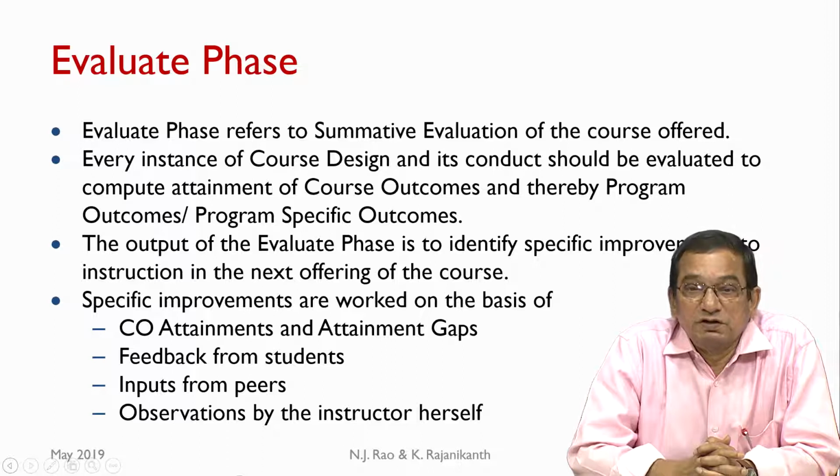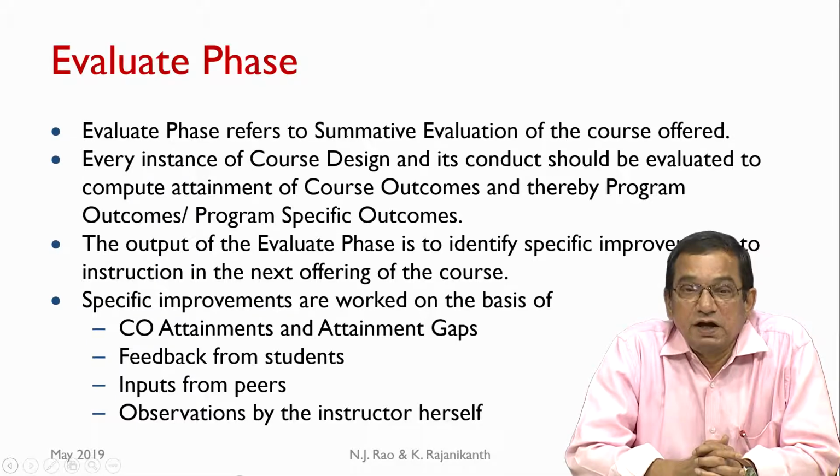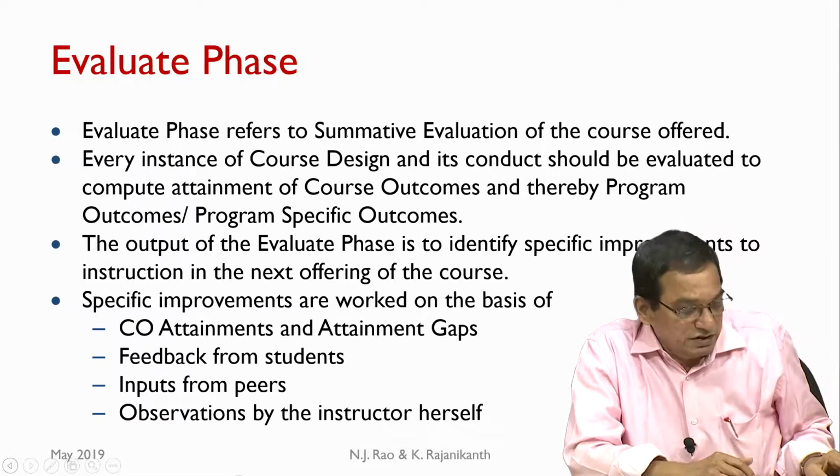So, based on all these observations by the instructor herself, we can plan specific improvements. So, we have different sources of getting the data for specific improvements: CO attainment gaps, feedback from students, inputs from peers, and observation by the instructor herself.